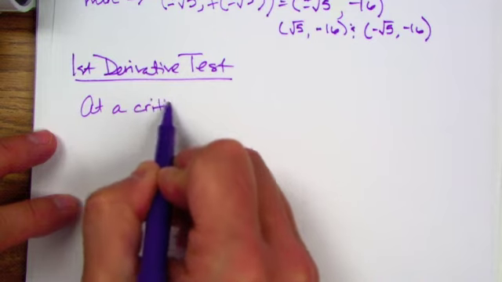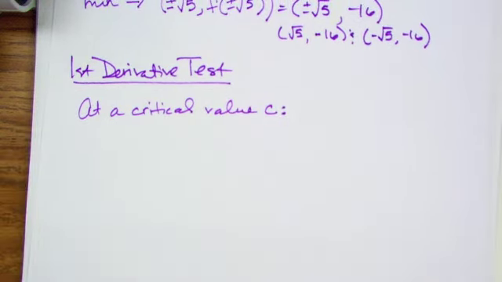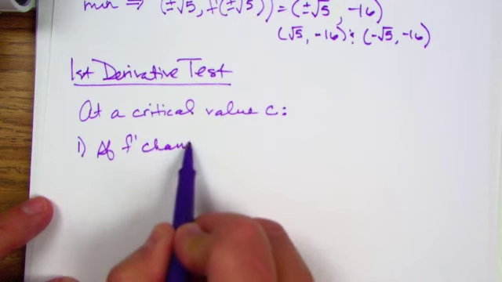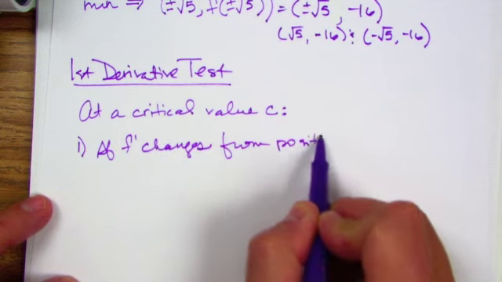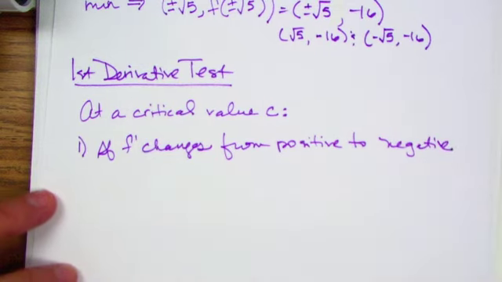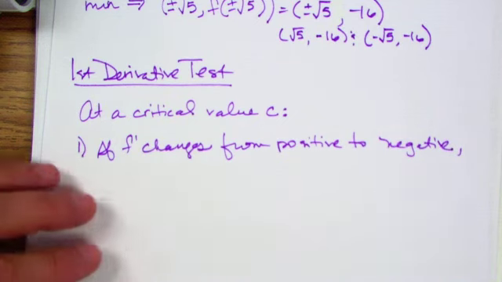At a critical value C, if f prime changes from positive to negative, if you have this critical value C and f prime changes from positive to negative there, then what can you tell me?